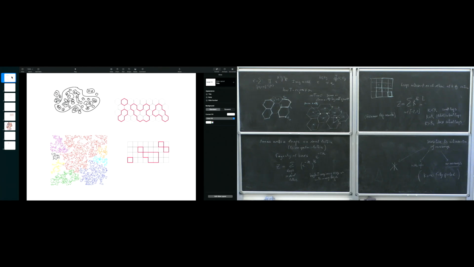Think of it, homework for tomorrow. Anti-ferromagnetic would become K negative, so in this formulation it would correspond to a negative fugacity per bond. Yeah, I don't know. I never thought of it.